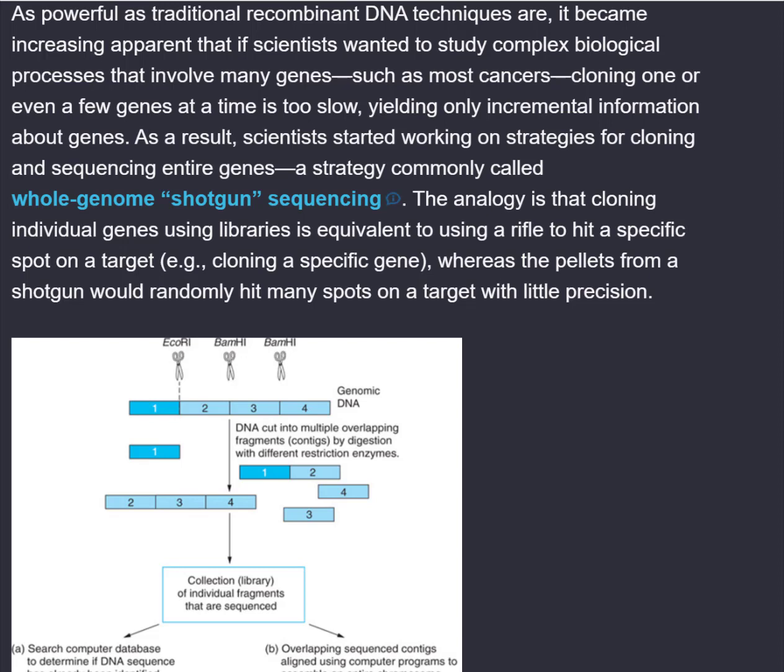As a result, scientists started working on strategies for cloning and sequencing entire genomes, a strategy commonly called whole genome shotgun sequencing. The analogy is that cloning individual genes using libraries is equivalent to using a rifle to hit a specific spot on a target, e.g., cloning a specific gene, whereas the pellets from a shotgun would randomly hit many spots on a target with little precision.